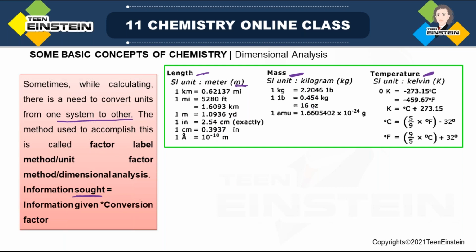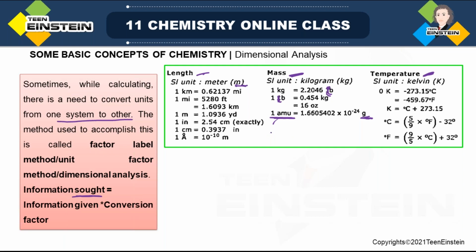Now just take the mass. 1 amu, that is atomic mass unit, is equal to, in terms of gram, 1.66 times 10 to the power minus 24. That is the value in gram for 1 atomic mass unit.